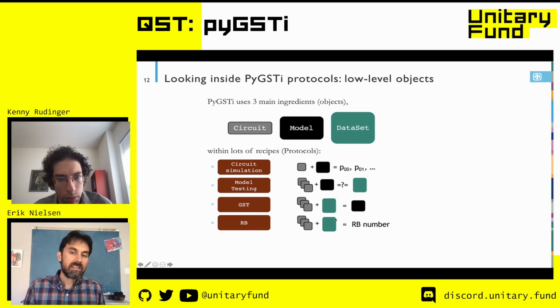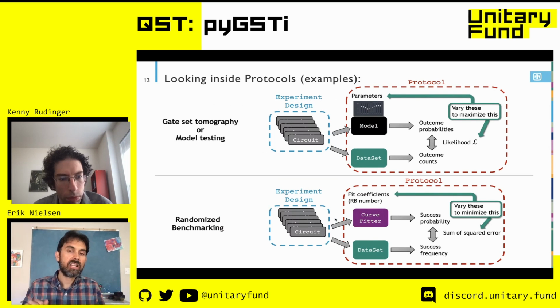So again, expanding these protocol objects and looking inside, gate set tomography or model testing takes in a bunch of circuits. That would be the same thing as the experiment design objects, as we've seen before. The protocol takes those circuits, and a model simulates the circuits to give me outcome probabilities, whereas the data set is the result of me actually running those circuits on an actual device, and I get outcome counts.